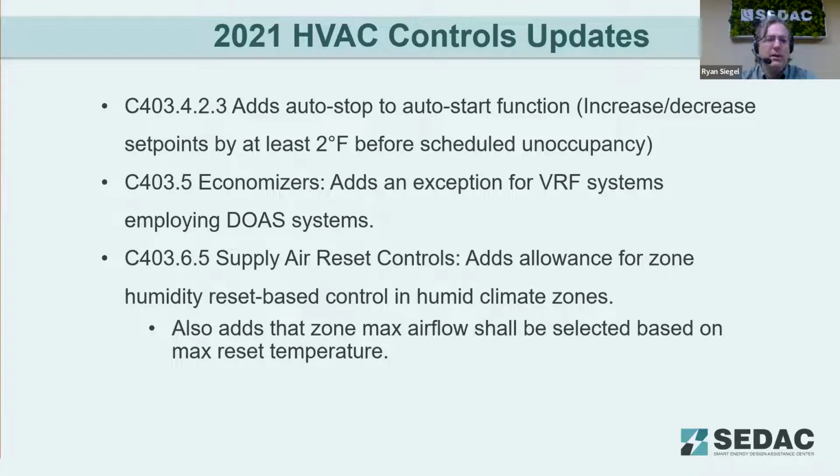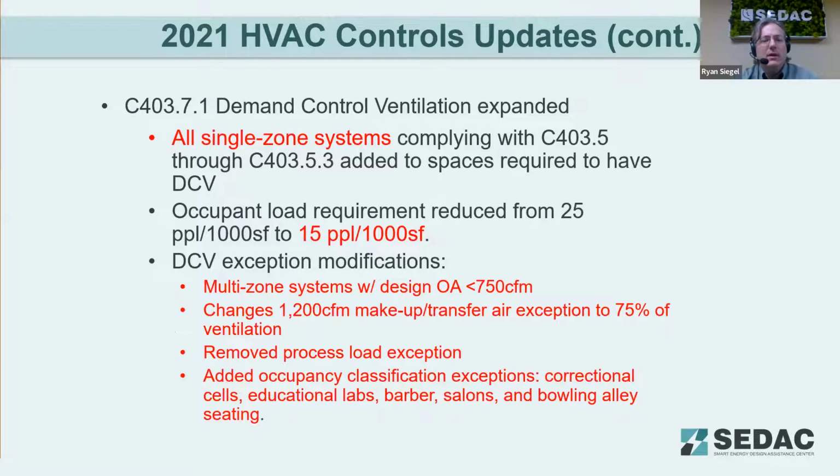So also for supply air reset, moving towards humidity-based reset as more programming has come into play, trying to help bring some of these current and more modern control sequences into the code to make allowances and provisions for them. Demand controlled ventilation, we're seeing a dramatic expansion of this.